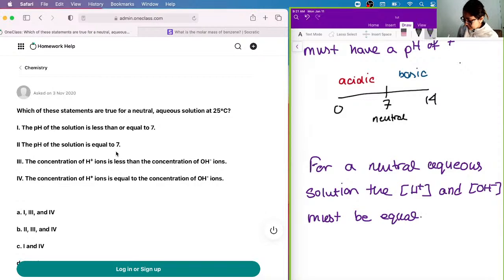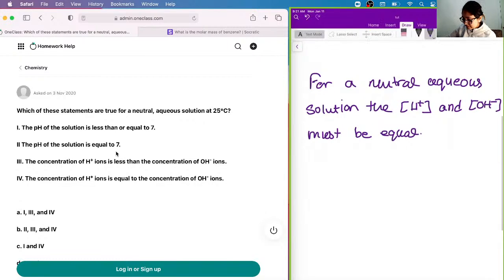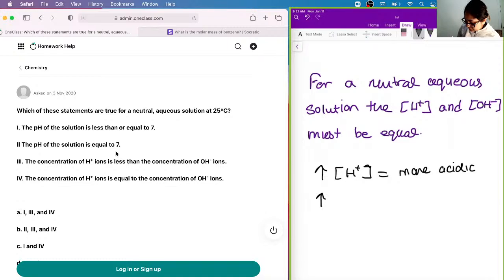Okay, this is because, as I just mentioned, if you have more of your hydrogen ions, it would be more acidic. So let's say if you have an increase in hydrogen ions, this means you are more acidic compared to your hydroxide ions, and if you have an increase of your OH ions, that means this is going to be more basic compared to your hydrogen ions.